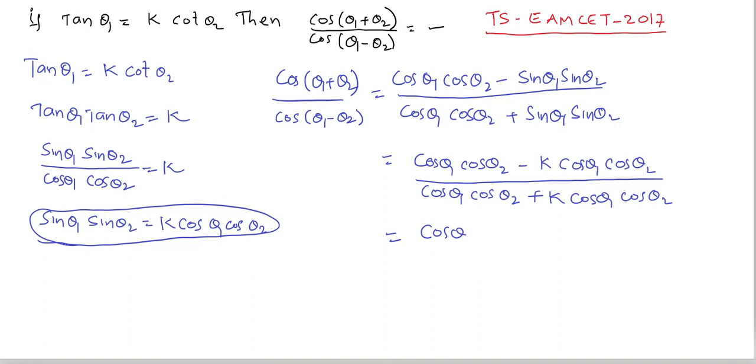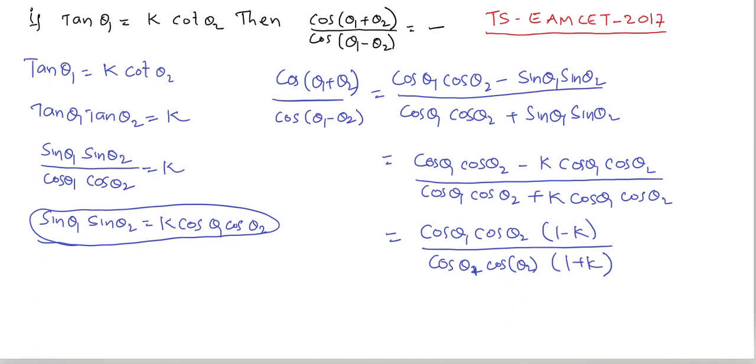Take common cos theta 1 cos theta 2 in numerator and denominator: cos theta 1 cos theta 2 into (1 minus k) over cos theta 1 cos theta 2 into (1 plus k). Here cos theta 1 cos theta 2 cancel, equal to 1 minus k by 1 plus k.